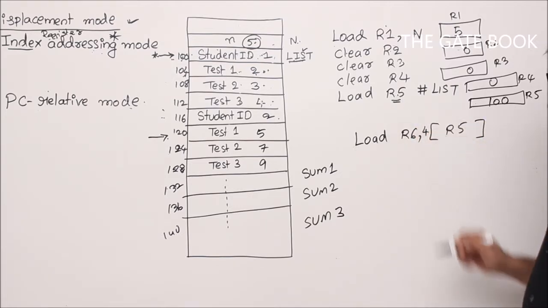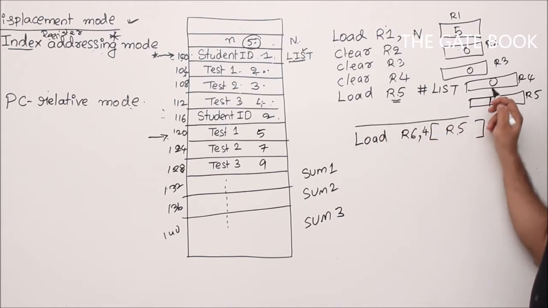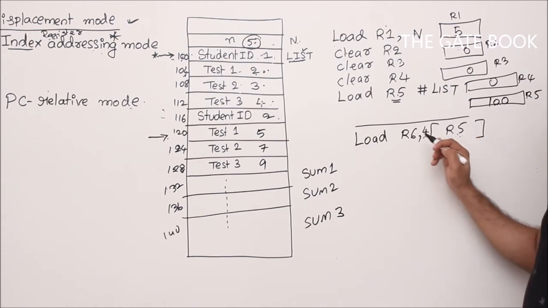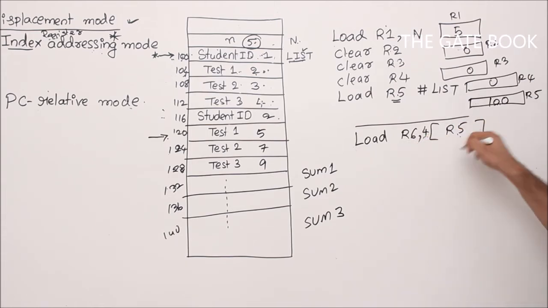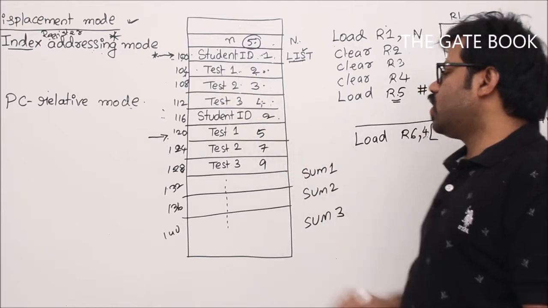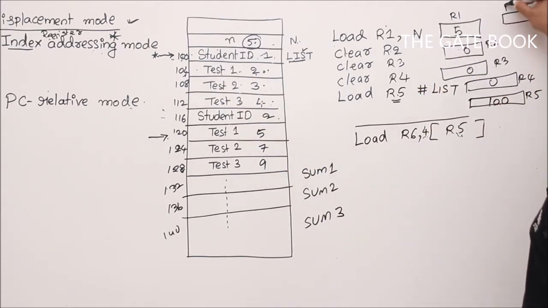Because of this index addressing mode, 100 plus 4 is 104, so directly we go to 104. What is the effective address of the operand? Recall, in this addressing mode the effective address is the content of R5, 100, plus 4, which is 104. Then go and fetch the data. That is test 1 marks. Perfect. So R6 is used here, now R7 here.